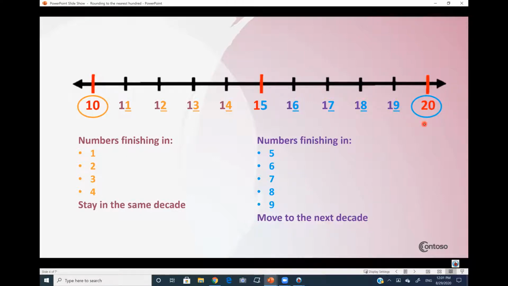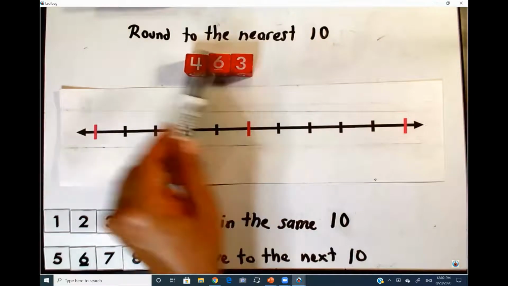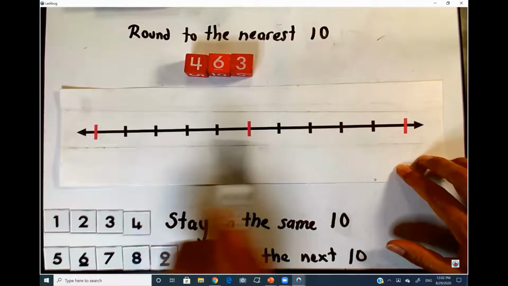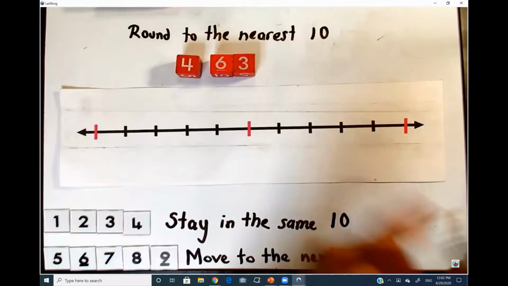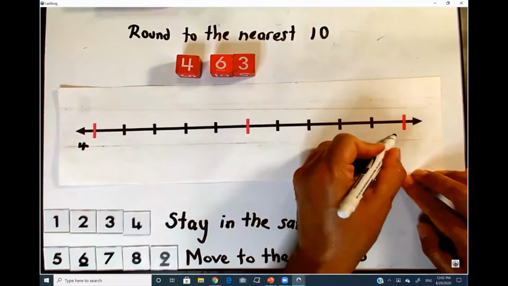So let's apply this to a problem. Let's round 163 to the nearest 10. The first thing I have to do is find the benchmark numbers. Because I'm trying to round to the nearest 10, that means the hundreds are going to stay the same. So all benchmark numbers are going to start with 100.